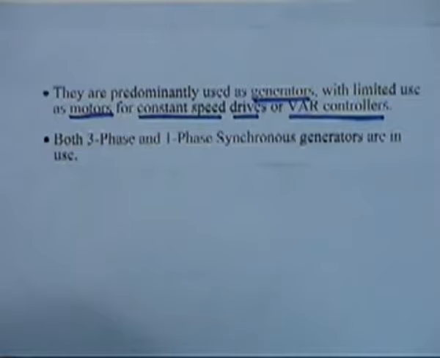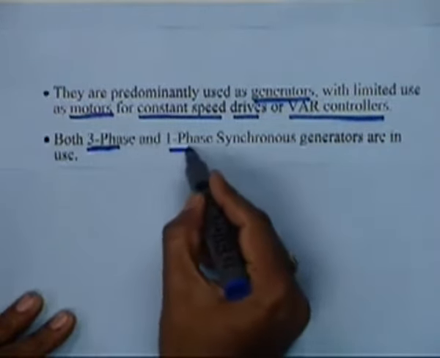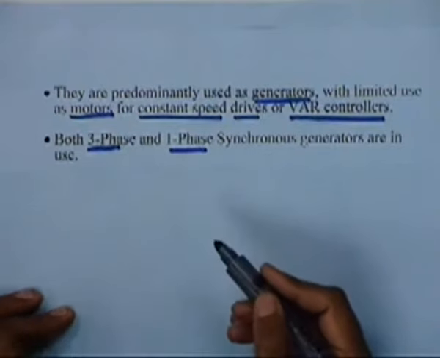Now, the important thing is that synchronous generators are available. While the bulk of them are three-phase, producing three-phase voltages, there are also the ones which use single phase, meaning they generate voltage in a single-phase mode. So we have both three-phase and single-phase synchronous generators in use.